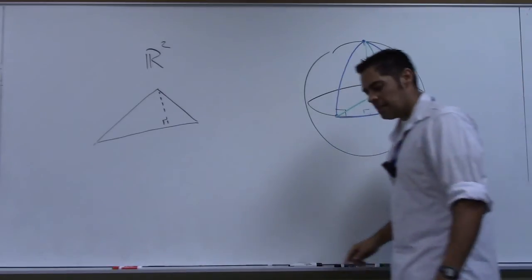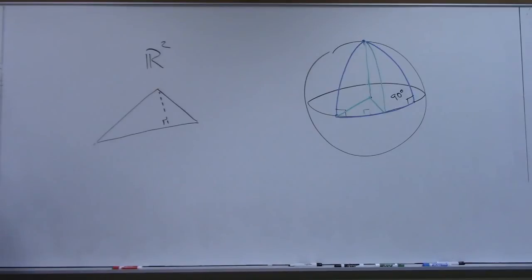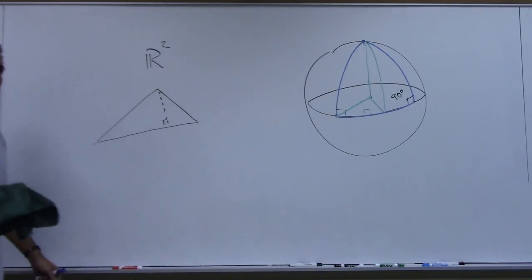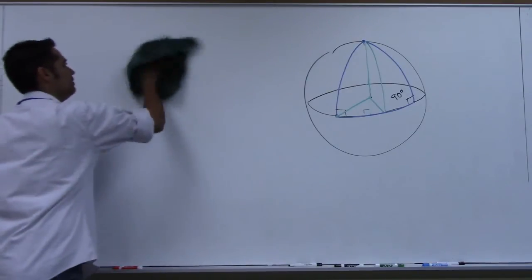So when you say that the sum of the angles of a triangle has to be 180, the real question that should be asked after that is, well, what space are you in? If you're in two-dimensional space, yes, I agree, but if you're in some other space, that doesn't have to be the case. Just a little FYI.